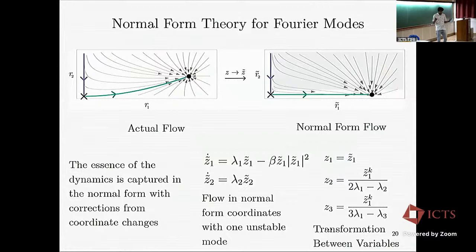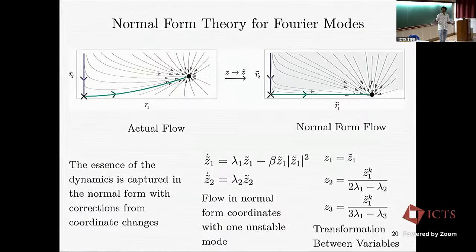The way we decided to model these patterns is again using dynamical systems theory, and we used normal form theory. The idea is that I have some motion in these various Fourier modes, the coefficients of these Fourier modes. I have some actual flow; these are, let's say, the radial part of the coefficients.